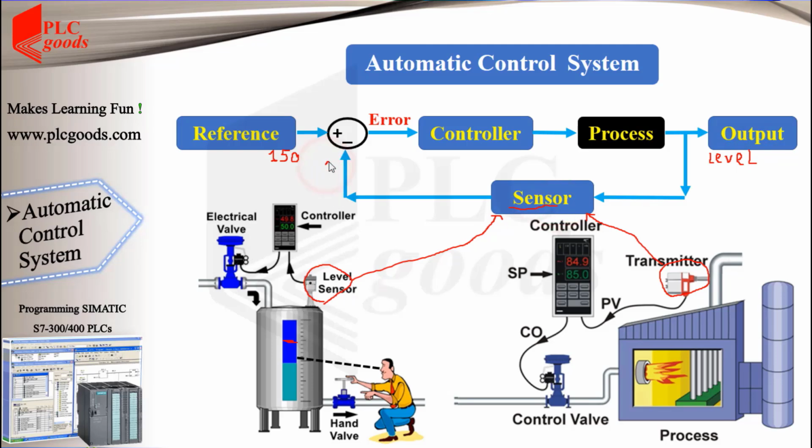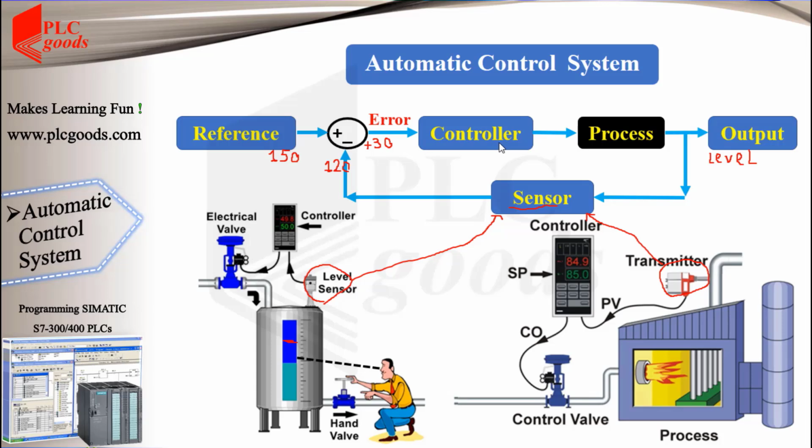Let's assume that the sensor shows the current water level in the tank is 120 centimeters. Therefore, the difference between the current process value and the set point is equal to 150 minus 120, equal to plus 30 centimeters.